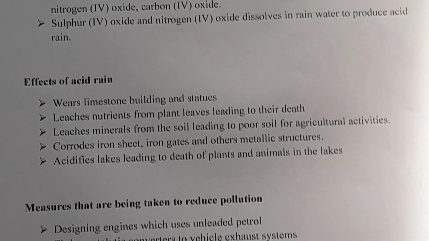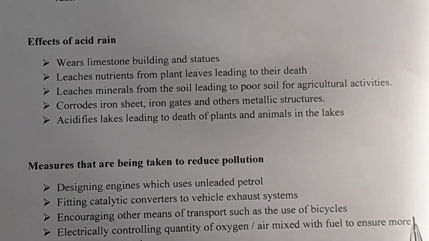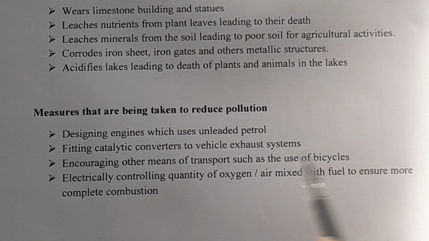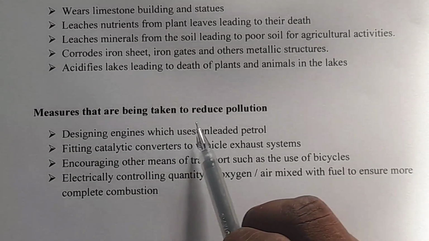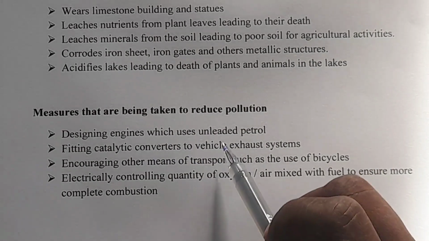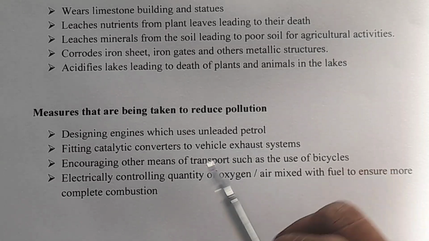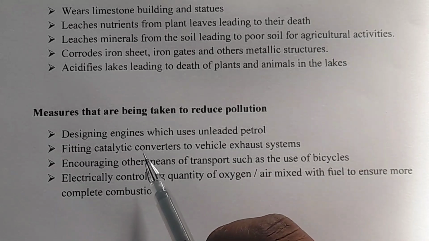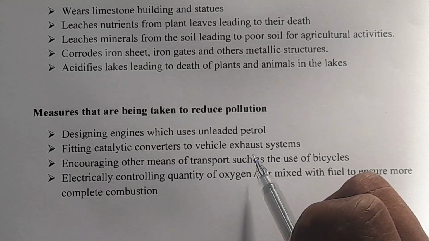Okay. Lastly, we are going to go to measures taken to reduce pollution. Number one, designing engines which use unleaded petrol. Number two, fitting catalytic converters to vehicle exhaust systems.